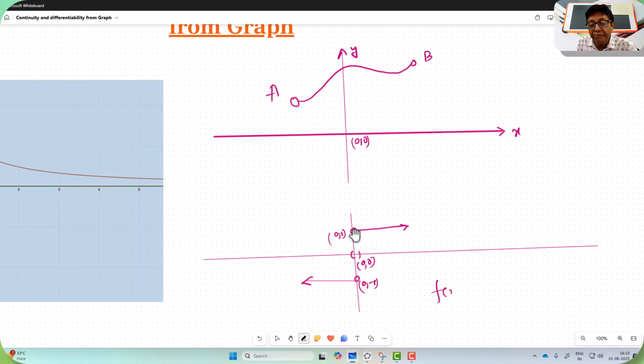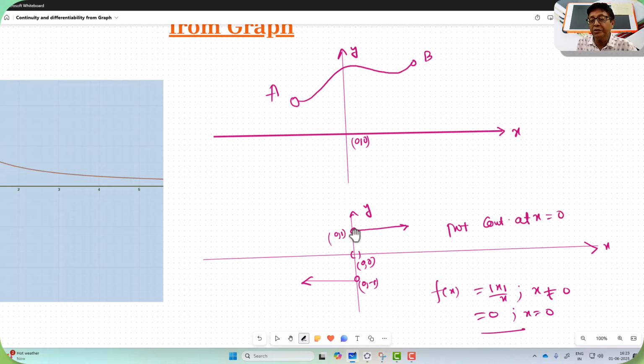This is f(x) equal to mod x by x, that is called the signum function, for x not equal to 0, and for x equal to 0 it is 0. We have discussed continuity of this function in the previous session. This is not continuous at x equal to 0.